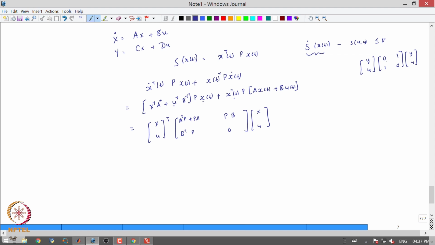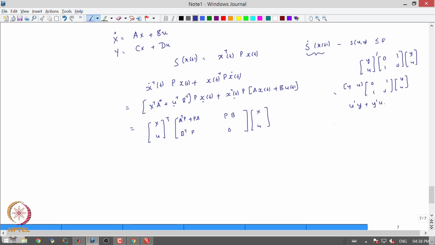So let us do this. What is y? y is Cx. Let's write this down first, expanding the transpose: y u, 0 1 1 0, y u. Let us just make it a scalar system so that the notation would be easier. I have u transpose y plus, in general, y transpose u.